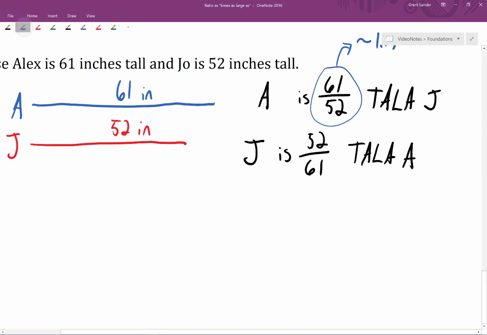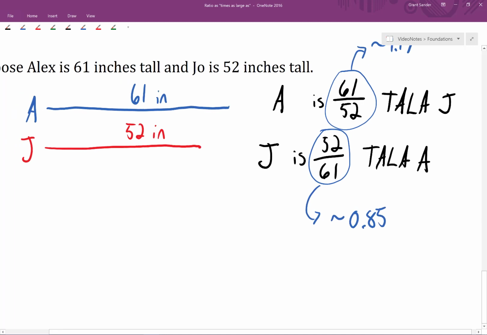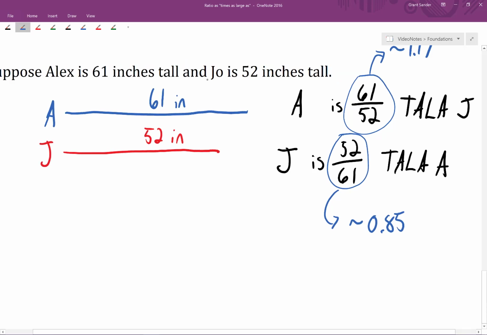And if we plug this into our calculator and compute that actual value, it would be approximately 0.85, which would tell us Joe's height is about 0.85 times as large as Alex's height, or that Joe is about 0.85 times as tall as Alex, which makes sense based on our diagram. If we have a number less than 1 telling us the times as large as comparison, then that first thing, Joe's height, is going to be smaller than the second one, which is Alex's height.